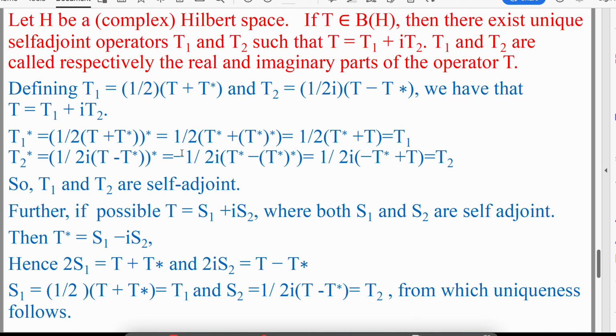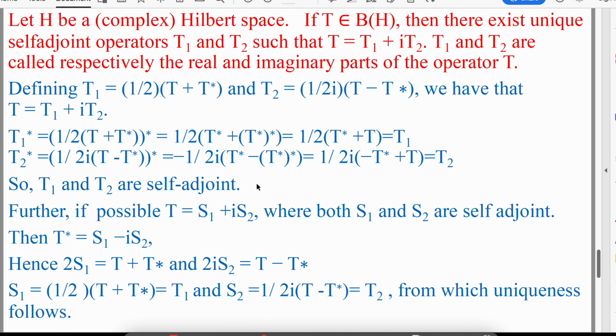If we multiply by this minus inside, we get 1 upon 2 iota (T minus T star), because this minus and this minus become plus, and T double star is T. So this is equal to T2. So T2 star is also T2. It means T1 and T2 are self-adjoint.